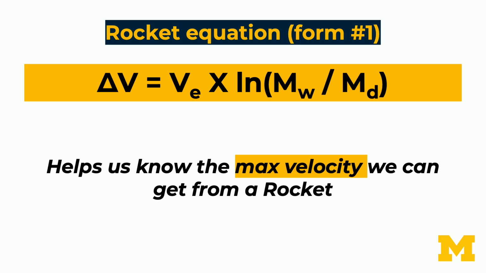So the ratio of the wet mass to the dry mass is always larger than 1 because the wet mass is always larger than the dry mass. And we'll talk about ln in just a second. And this equation helps us figure out whether we can perform the delta V that we need, like whether we can get to orbit or whether we can escape the Earth.